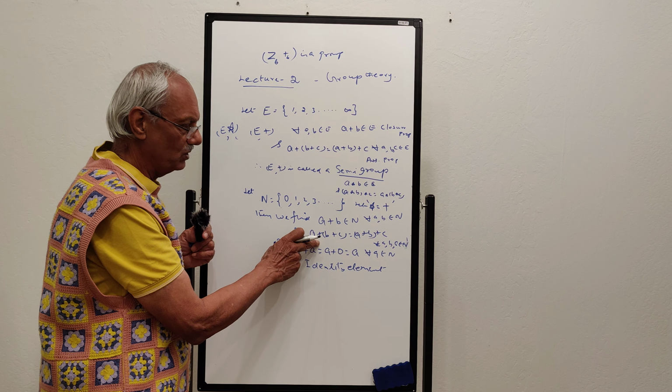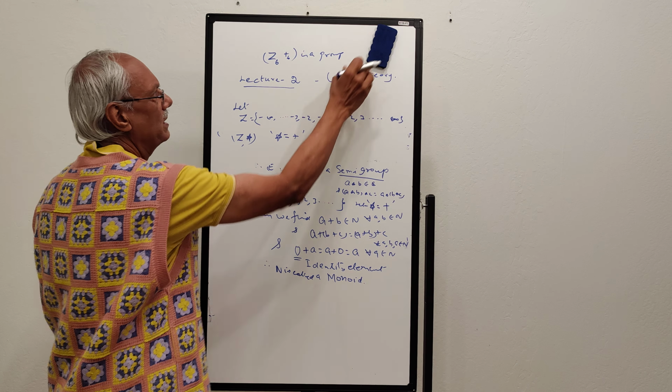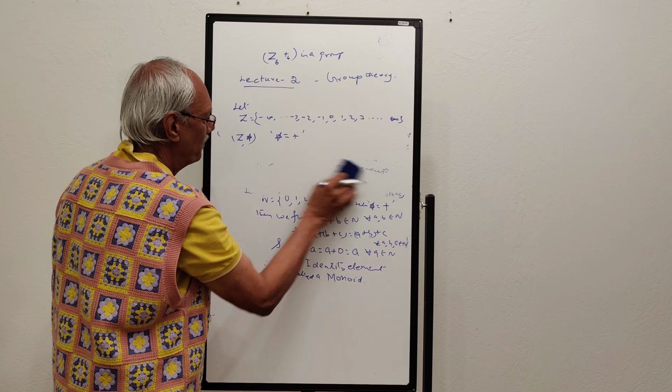Let Z be equal to minus infinity, dot dot dot, minus 3, minus 2, minus 1, 0, 1, 2, 3, dot dot dot, all integers. Z consists of all integers. Now in this set I define the operation star. The star is nothing but your ordinary plus.